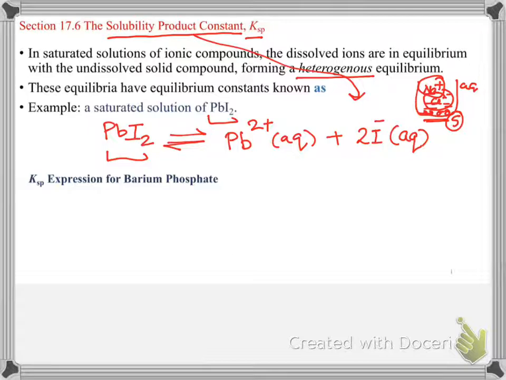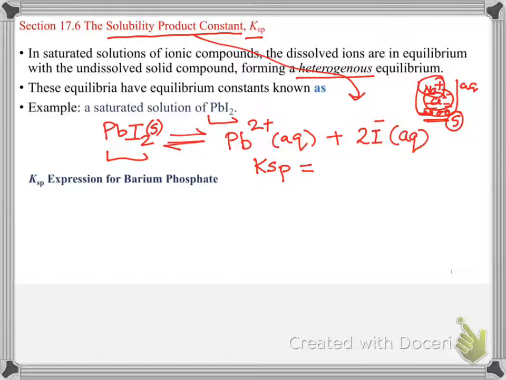So this is an equilibrium reaction, and if it's an equilibrium reaction, we can always write an equilibrium constant, which will be KSP equals concentration of products divided by concentration of reactants. Now in this case, the reactant is solid, and the solid lead iodide does not appear in the expression.